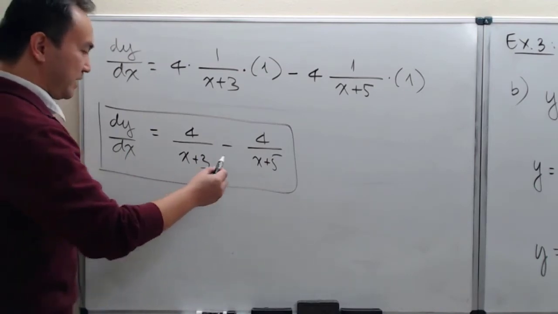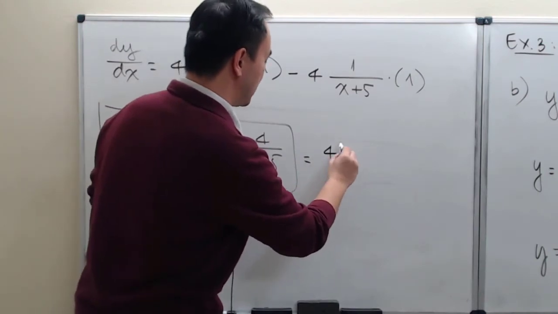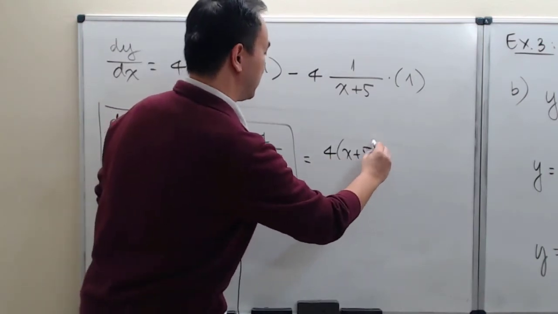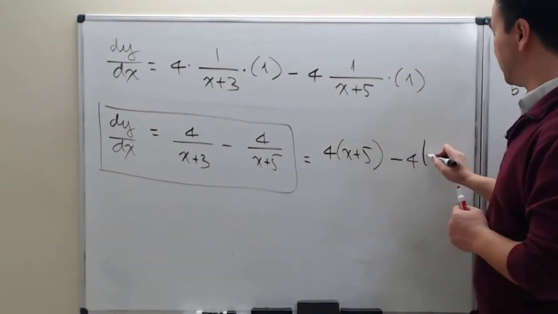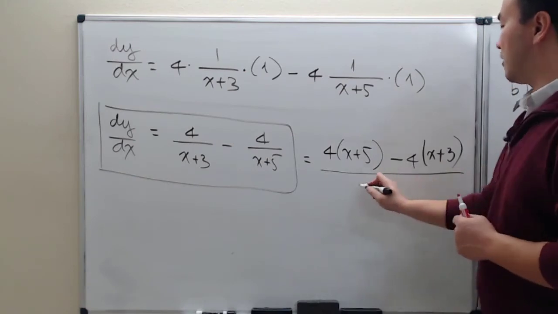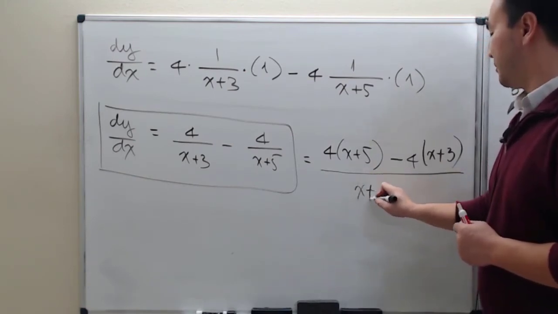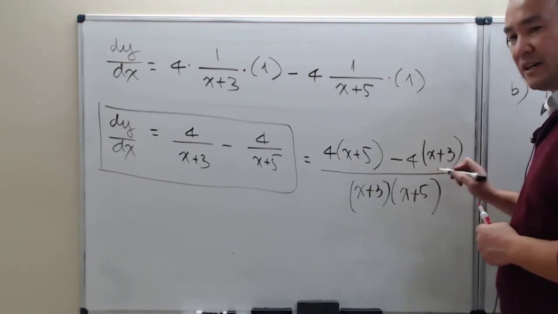And so we can make a common denominator. Here I'm looking at 4 times x plus 5 for the first term minus 4 times x plus 3 for the other term, putting that all in one common denominator, x plus 3 times x plus 5.